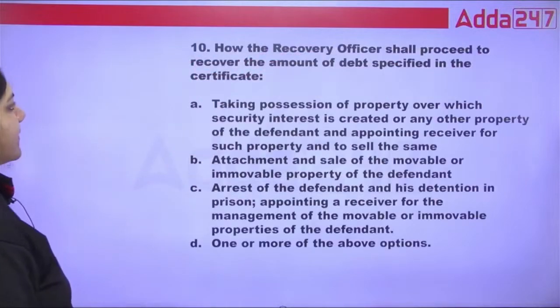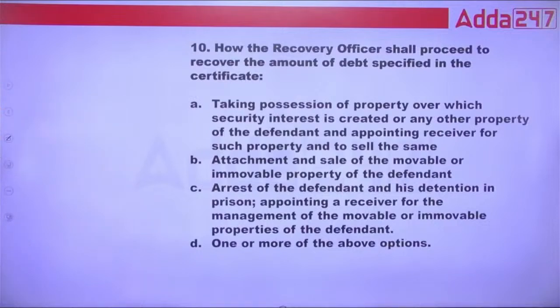Okay? Now, how shall the recovery officer proceed to recover the amount of debt specified? It means what are the modes to recover the debt. The first is taking possession of property over which security interest is created or any other property of the defendant, and appointing a receiver for such property and to sell the same. Attachment and sale of movable or immovable property of the defendant. Arrest of the defendant and his detention in person. Appointing a receiver for management of the movable or immovable property. And D is one or more of the above options.